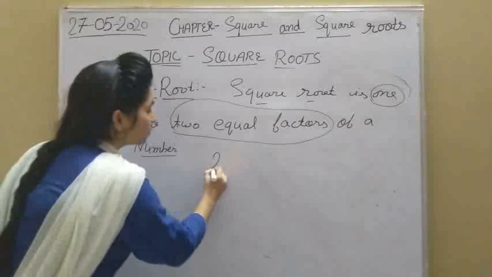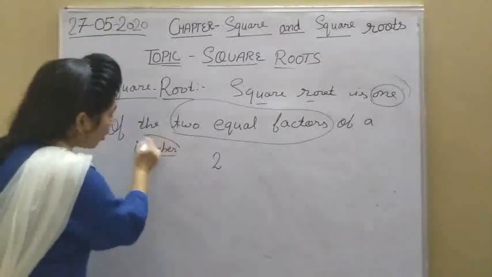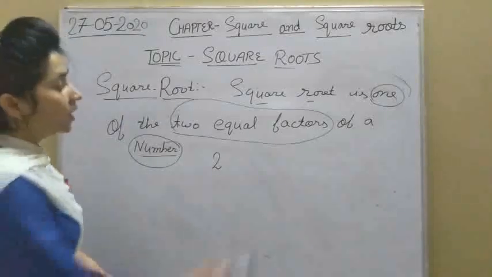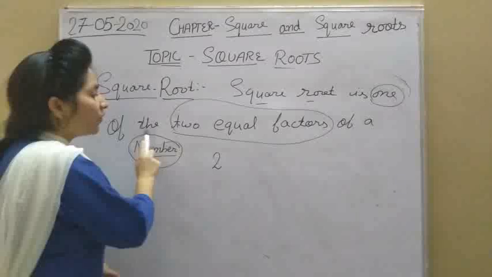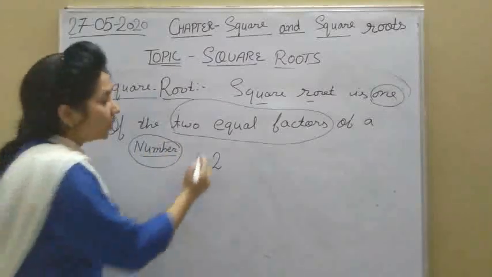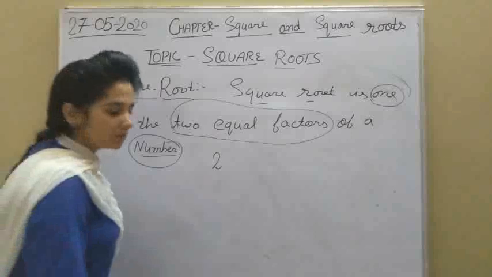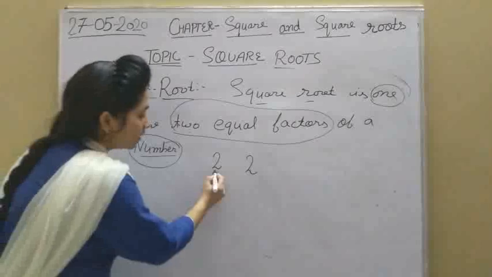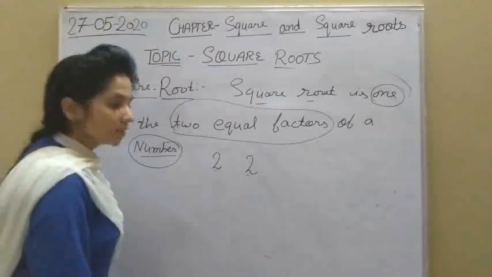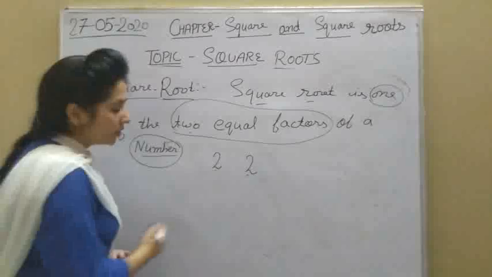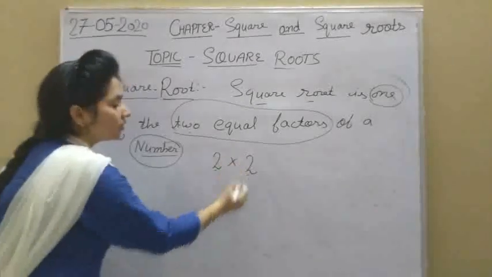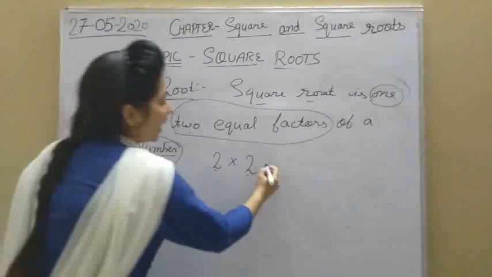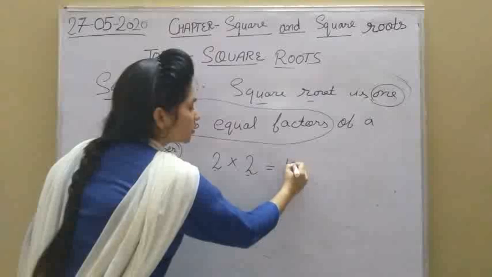Suppose we have a number 2. आपके पास कोई भी एक नंबर गिवन है, the number is 2. Square root is one of the two equal factors. Two equal factors means we will take two same numbers, and the result will be equal to 4.